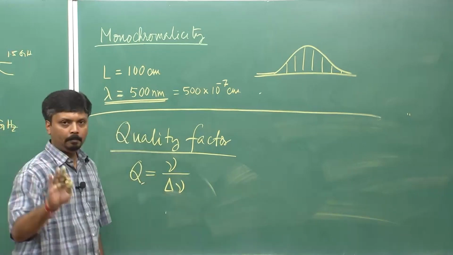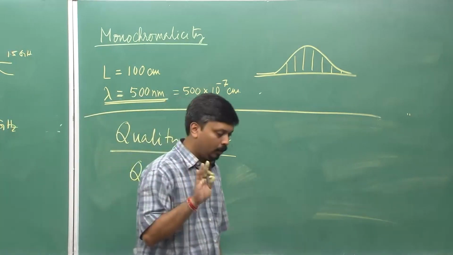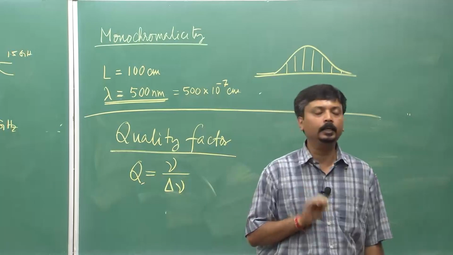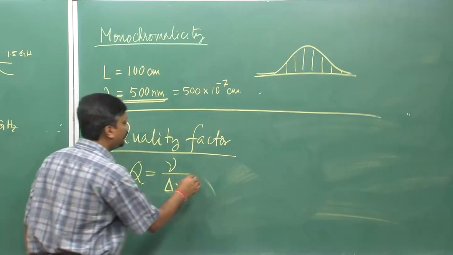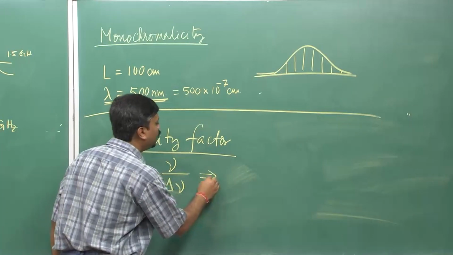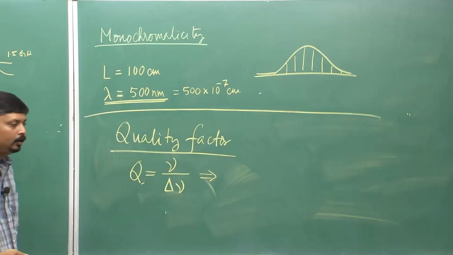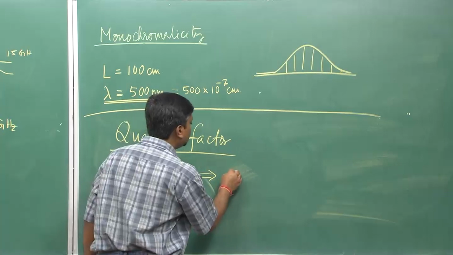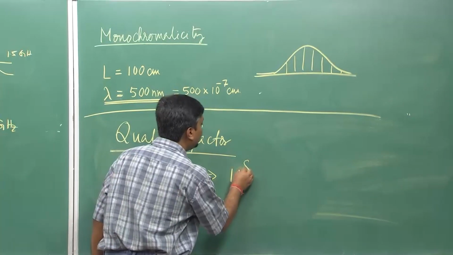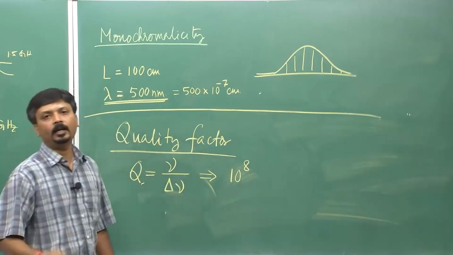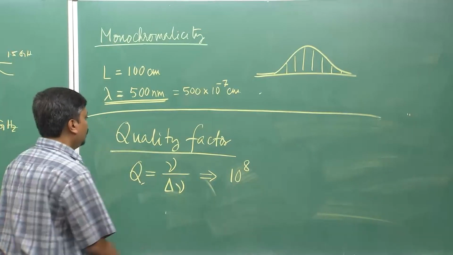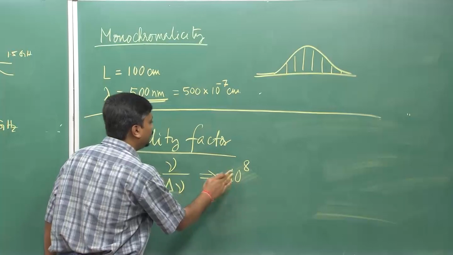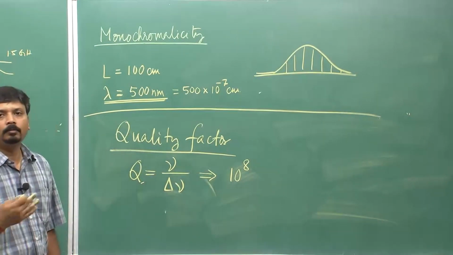So, narrower the beam, narrower the frequency, essentially what I mean is, then the corresponding quality factor is very high, right. It is very commonly you can get a quality factor of 10 power 8. If you take those values that I said, you can get a value of 10 power 8 or even more than that.